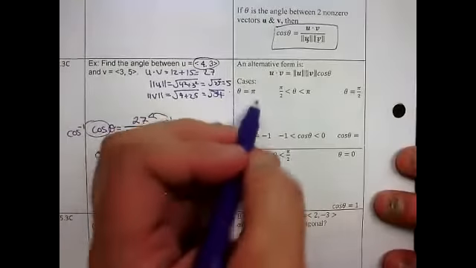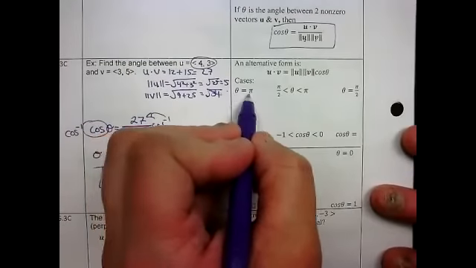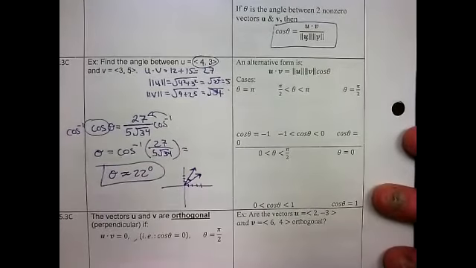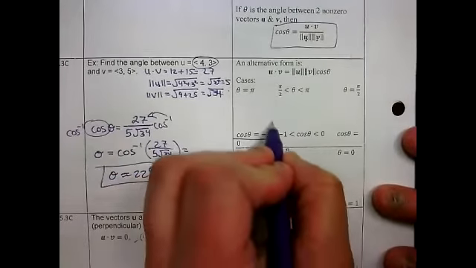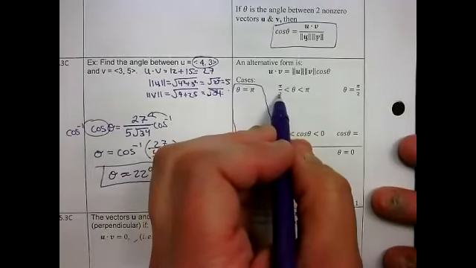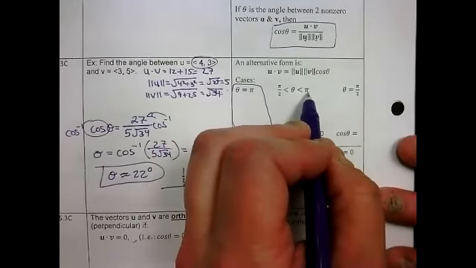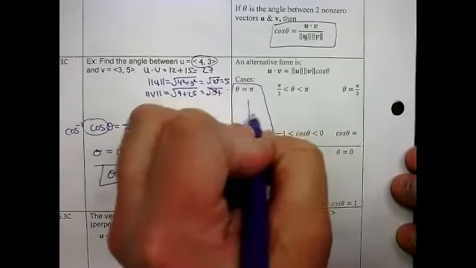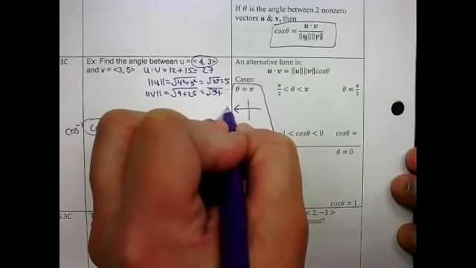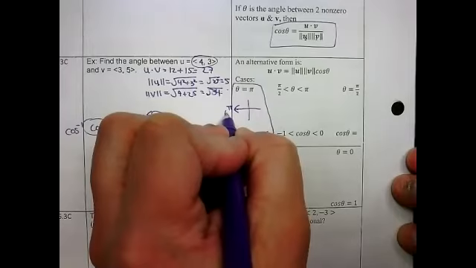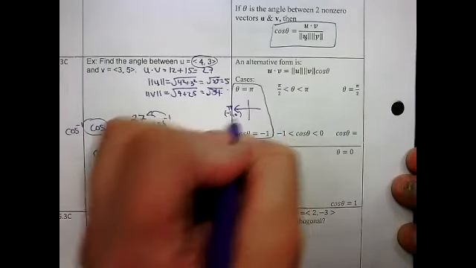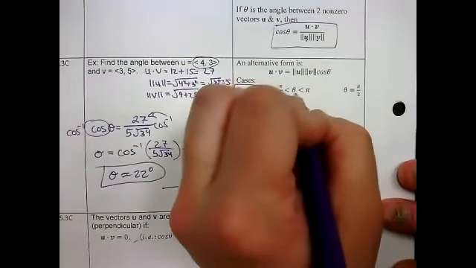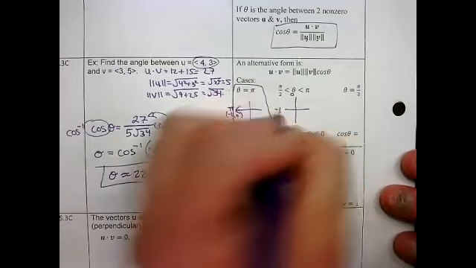So these are the cases that we have. If theta equals pi, then cosine of theta equals -1. If theta is between pi over 2 and pi, then cosine is between -1 and 0. This all comes from our unit circle. At pi, cosine is -1, and between pi over 2 and pi it goes from 0 to -1.